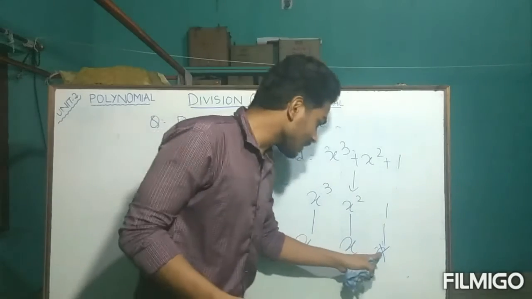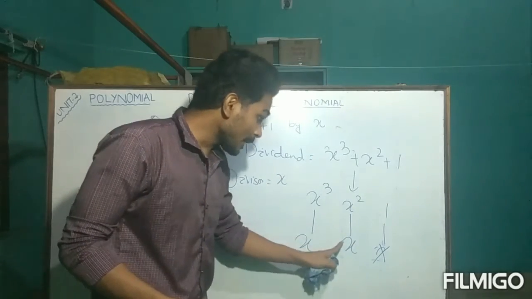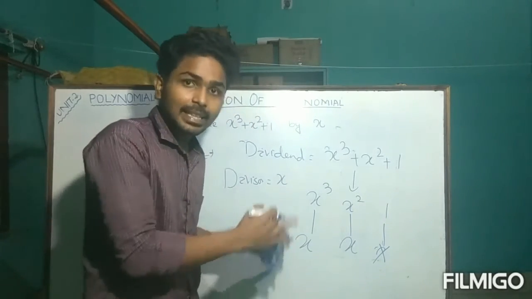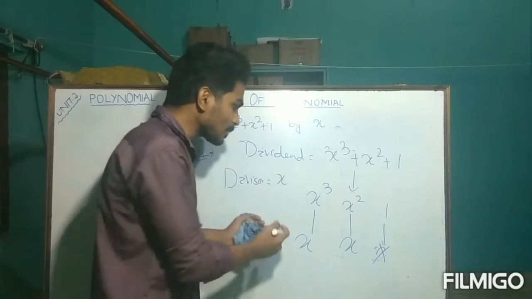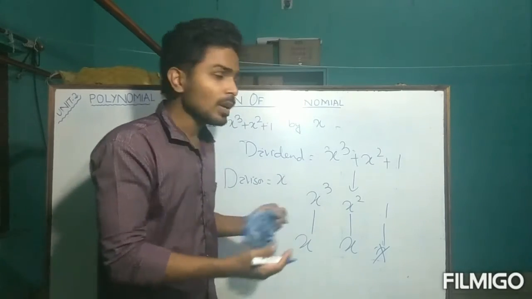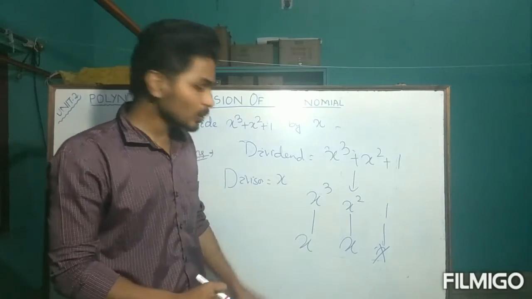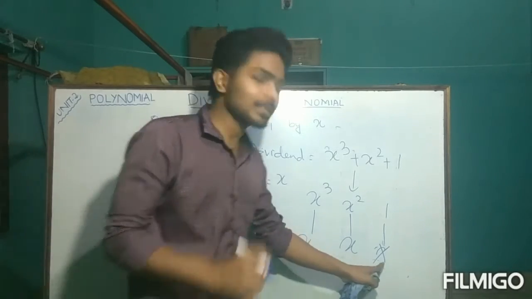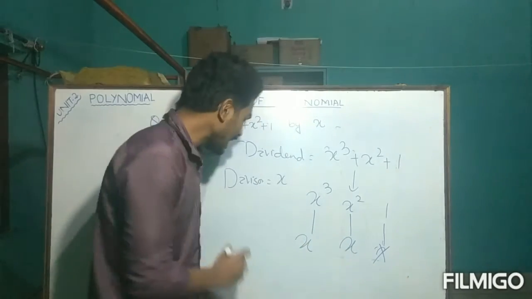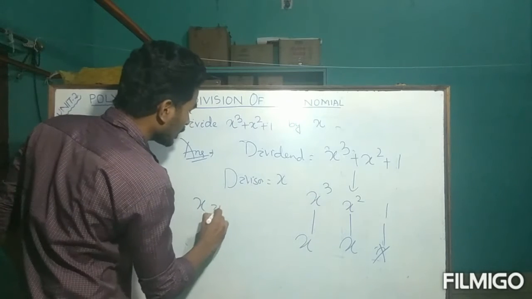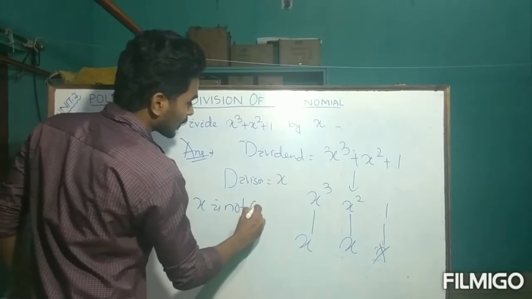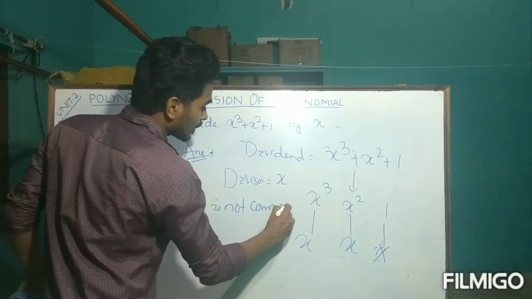So since it doesn't contain x, can we take out x as a common factor? No, because the 3 terms don't all contain x. Though 2 terms contain x, the third doesn't. That's why x is not a common factor.